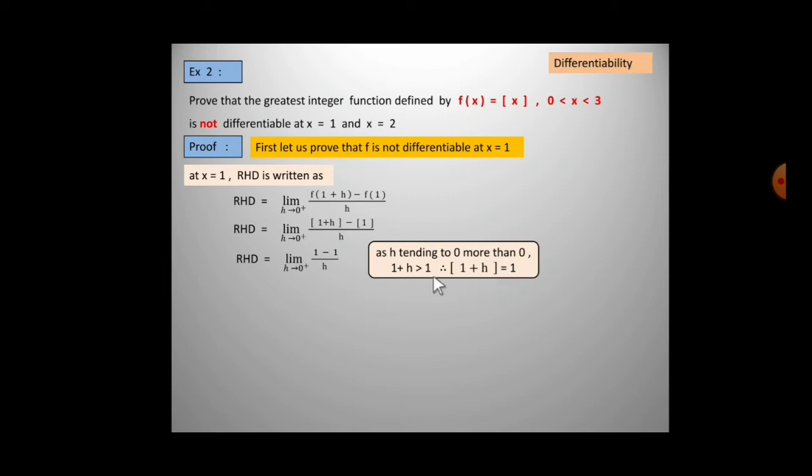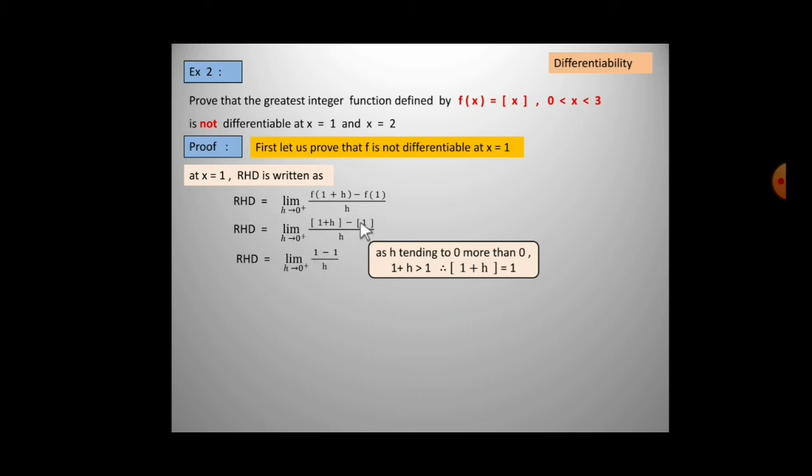It lies between 1 and 2, like 1.1, 1.2, 1.3, when h is approaching 0, like 0.1, 0.5. So the greatest integer of 1 + h, which is more than 1, has value 1.